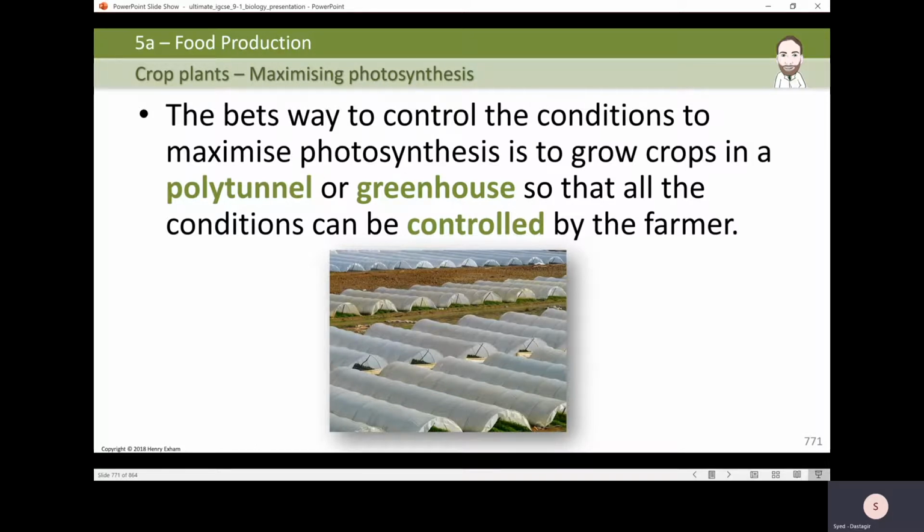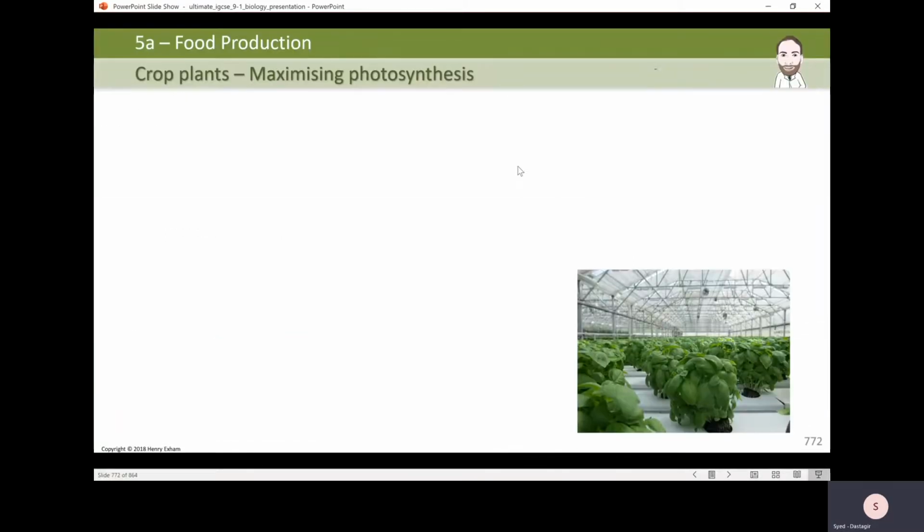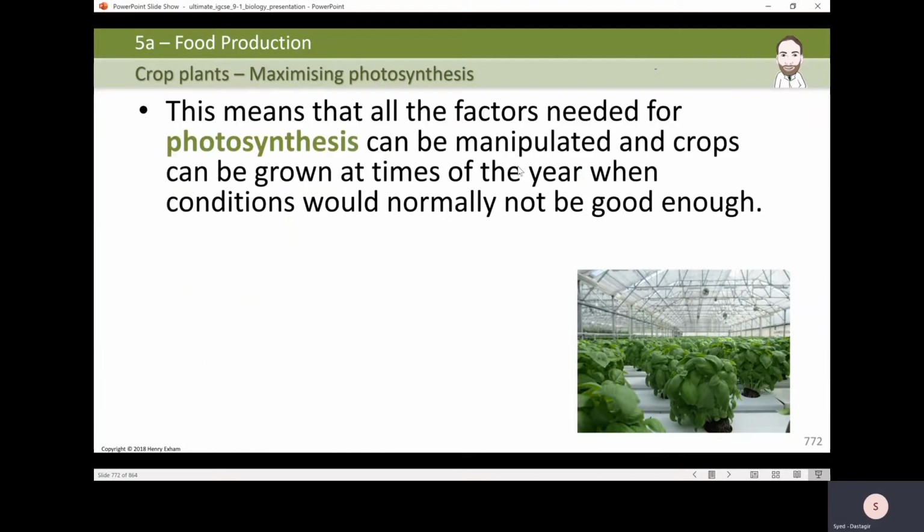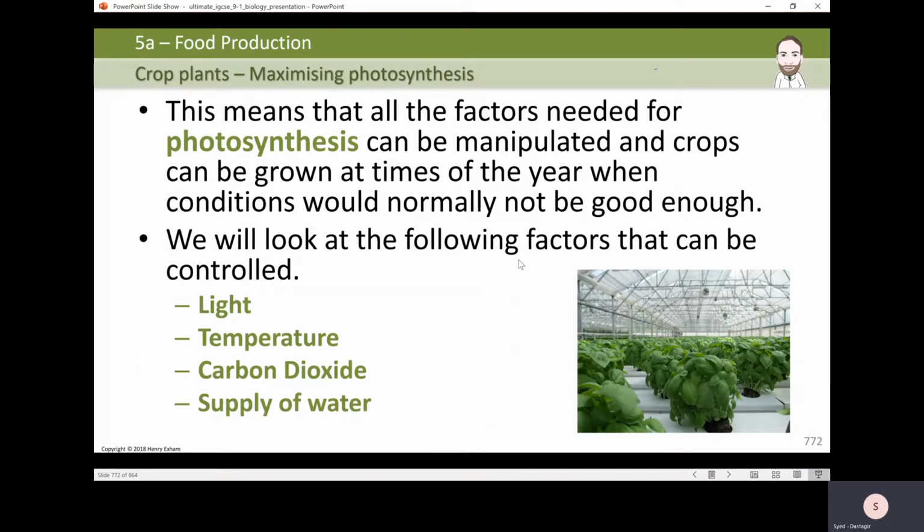I know when we discussed this before, some of you said you had farms, or you've seen it on a farm in this country. So these are called polytunnels or greenhouses, where the conditions are kept in a controlled fashion. So we can actually control the conditions to maximize the yield. We want to make sure we get the most yield, the most amount of our crops, for efficiency and cost purposes.